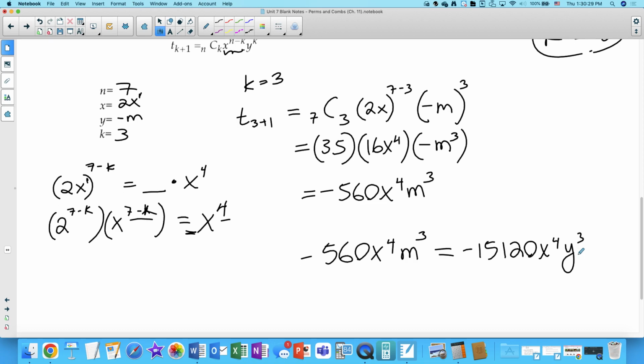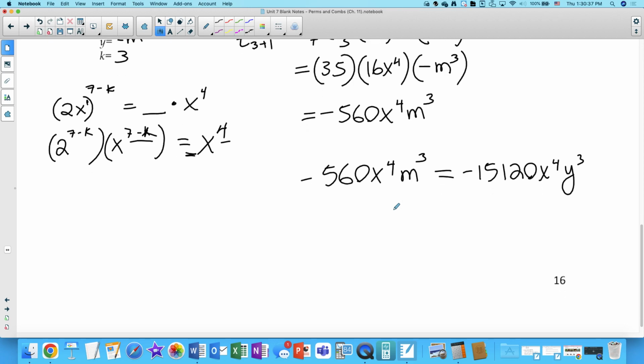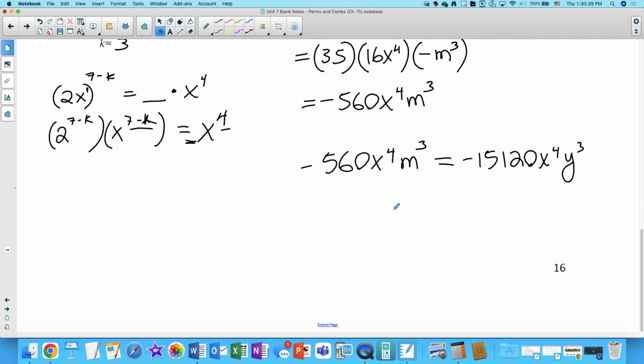Before I can solve for m, I really want to solve for m cubed, because when I get m cubed, I can take the cube root. So I'm going to divide both sides by negative 560 x to the 4.